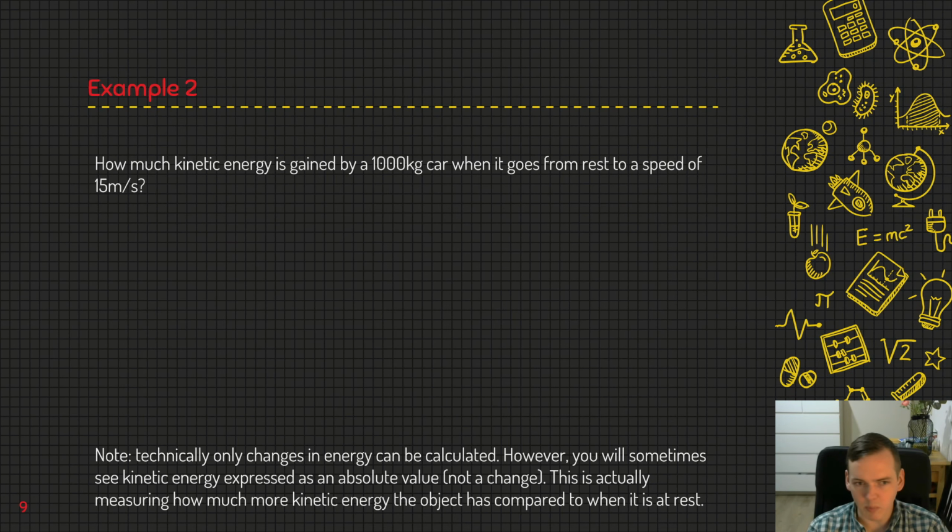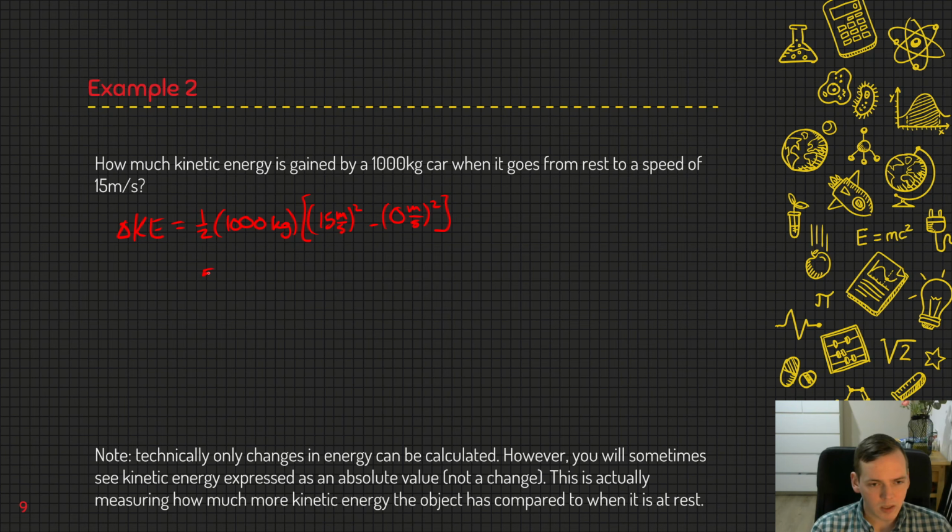As a second example, how much kinetic energy is gained by a car of 1,000 kilograms when it goes from rest to a speed of 15 meters per second? So delta KE is equal to 1/2 the mass of 1,000 kilograms times 15 meters per second squared minus 0 meters per second squared.